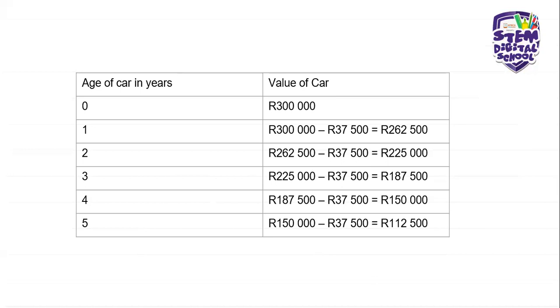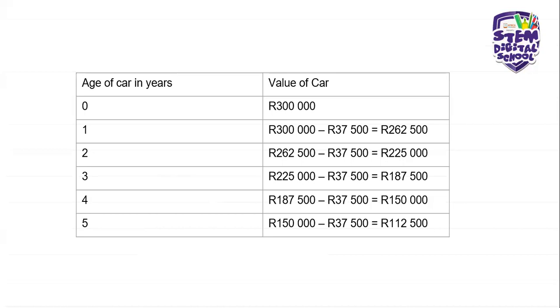Now, as I said, without using the formula, you can look at the age of your car. When you buy your car, it is still at 0 age. But by the end of the first year, you look at how much the car will be worth. So you subtract 37,500 from the original investment of 300,000 rands. This simply means that by the end of the first year, the value of your car will be 262,500.